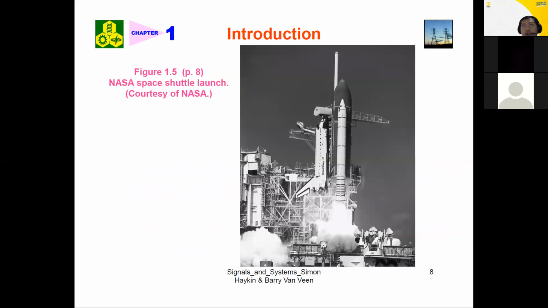This kind of control system has been widely applied in the space shuttle, because there is a lot of control for the space shuttle or rocket and so on. I believe that Elon Musk also applies this kind of control system.